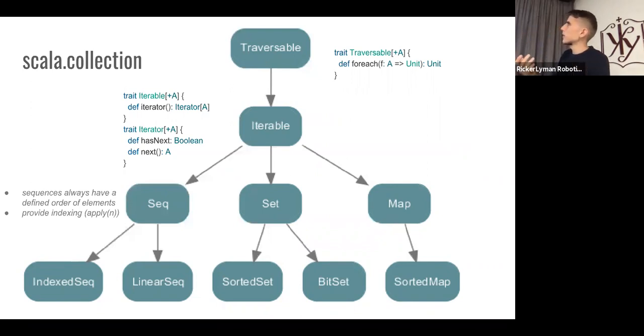The difference is that Traversable exposes push semantics, and Iterable exposes pull semantics. What I mean by that is, when we have a Traversable interface, somebody pushes to this interface. We are not doing anything, we are just supplying a function, and somebody will call this function for us.